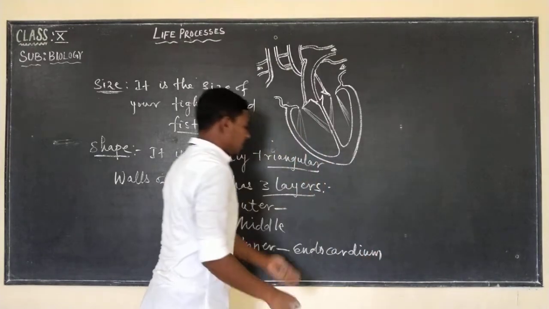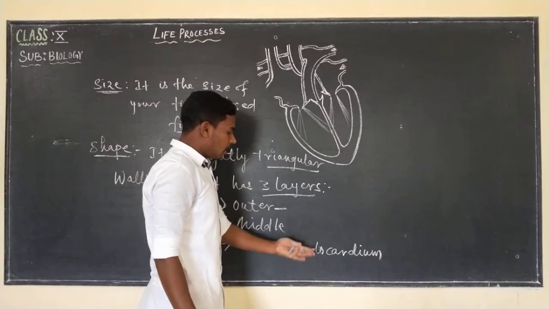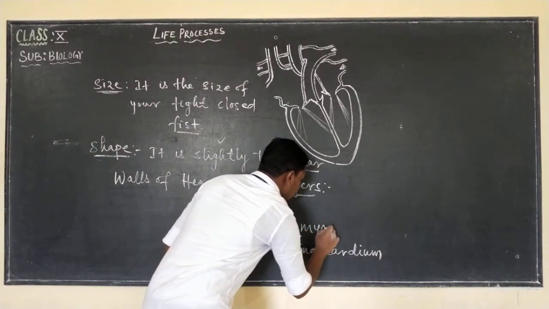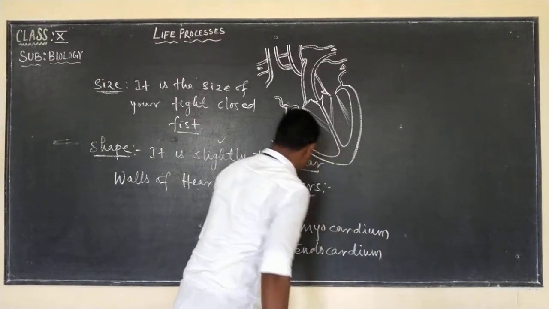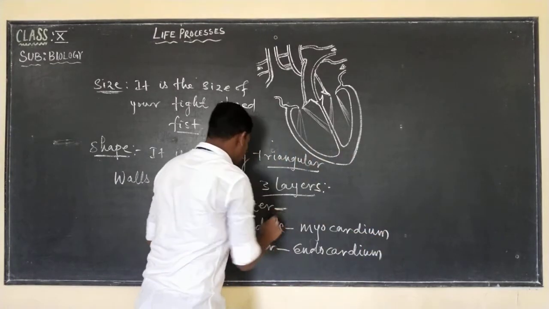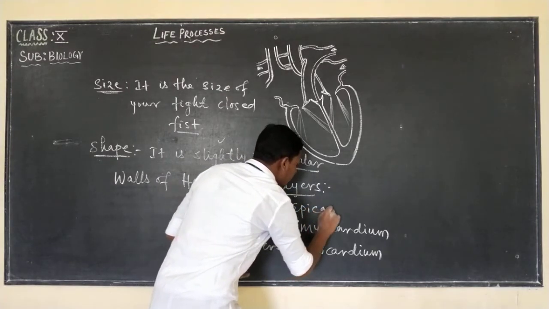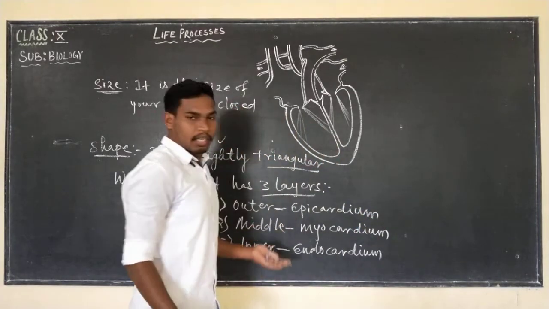The muscle that is present at the inner layer is known as endocardium, and the middle is myocardium, and the outer layer is epicardium. So the heart has three layers.